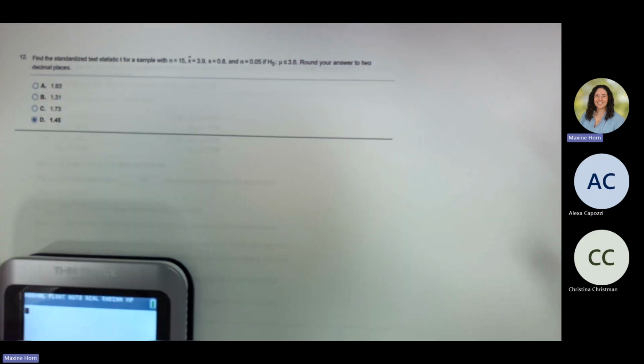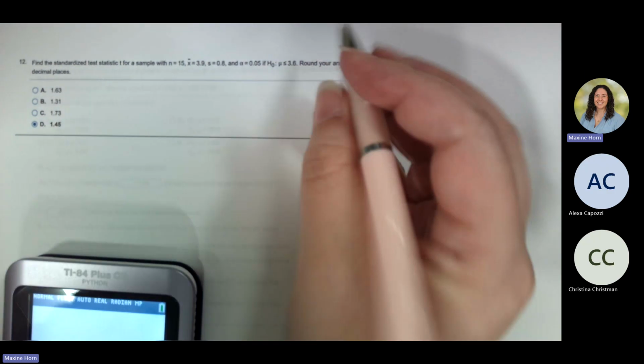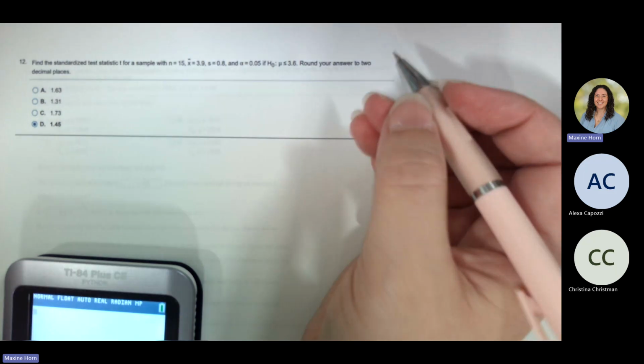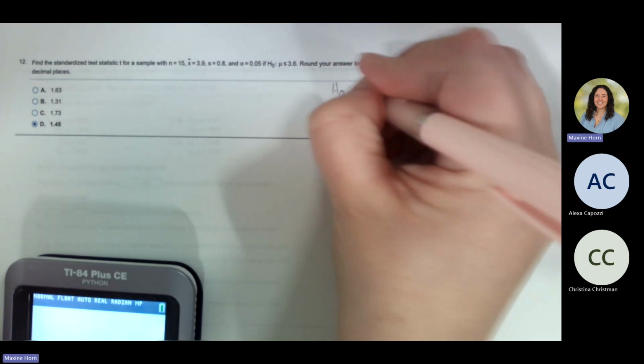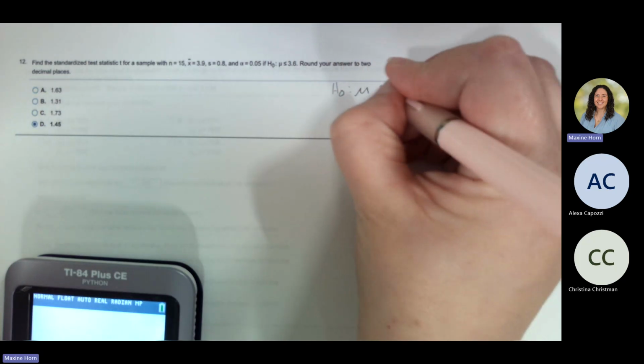Okay, so we're going to be doing this in the calculator, because that's going to be faster. Let's write everything out so that we can see it better. Our null hypothesis, they told us, was that the mean is less than or equal to 3.6.